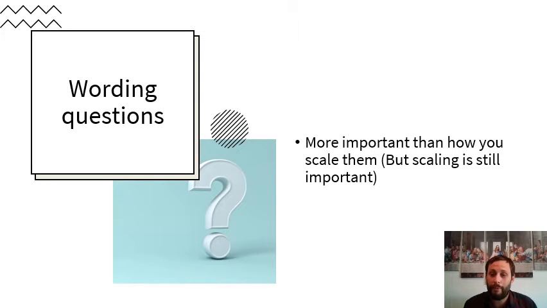If you remember from a previous lecture where we talked about what construct validity was, where we talked about the differences of convergent and divergent validity, about how well something relates to other variables of interest or how well it does not relate to variables of interest as well. Scaling is indeed important, but really how you word your questions is going to be the most important aspect of any survey because it can make or break a survey if you word it correctly or incorrectly.